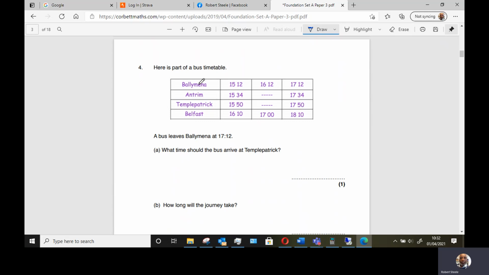Right. Bus leaves Ballymena at 17:12, so arrives at Temple Patrick.